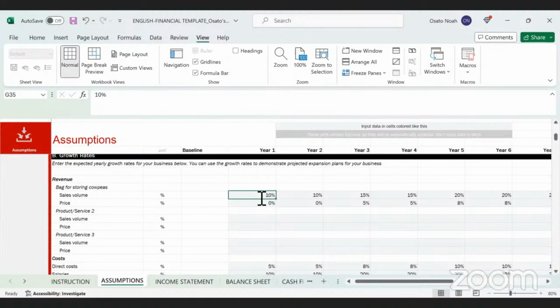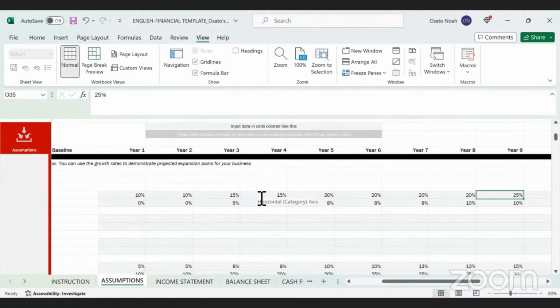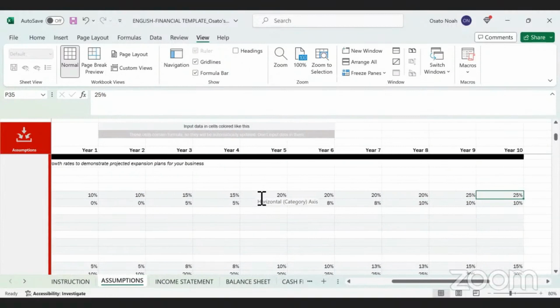Since we are just entering the market, we can't say we'll grow by 50%, but we are projecting that for the first 2 years, the volume will increase by 10%. By year 4, we would have increased our sales volume, not production volume, to 15%. Between year 5 and year 6, or to year 7, or even year 8, it will increase up to 20%.